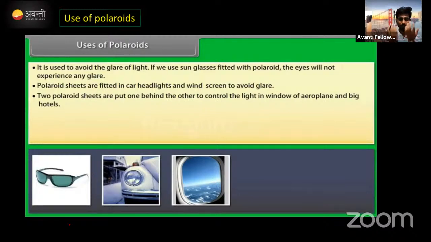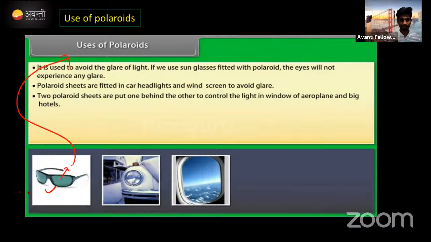When we are traveling at night, you might have observed a few people wearing spectacles. Why are they using spectacles at night? These spectacles are made by polarizers.